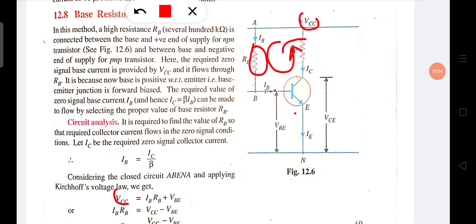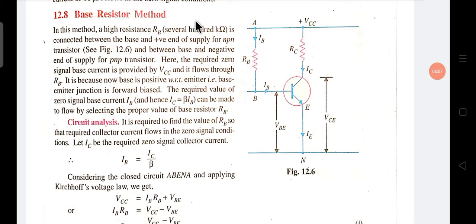Consider the closed circuit in this direction, ABEA, and apply Kirchhoff's law.